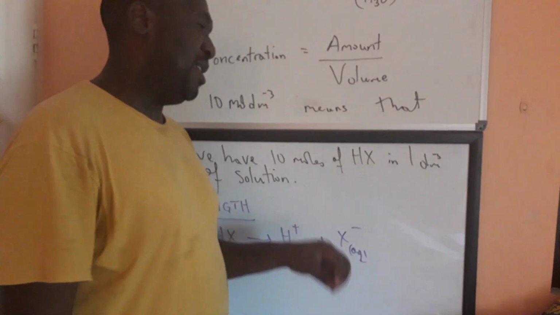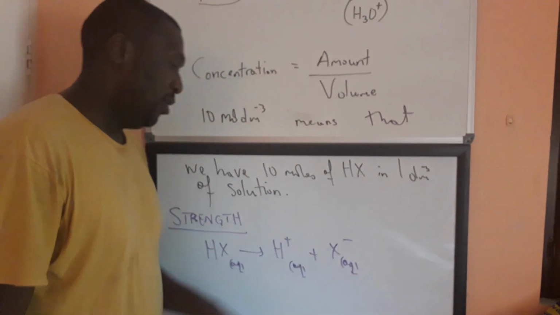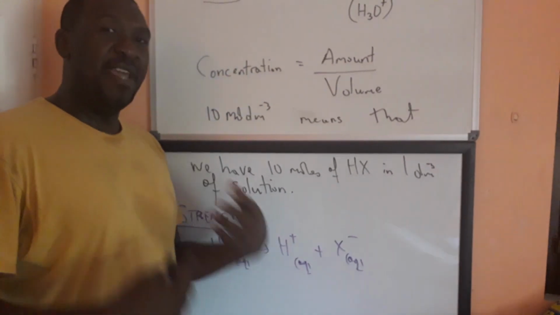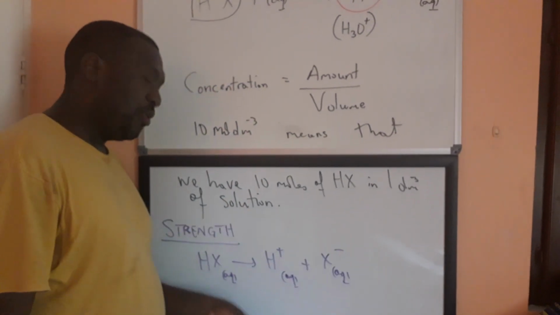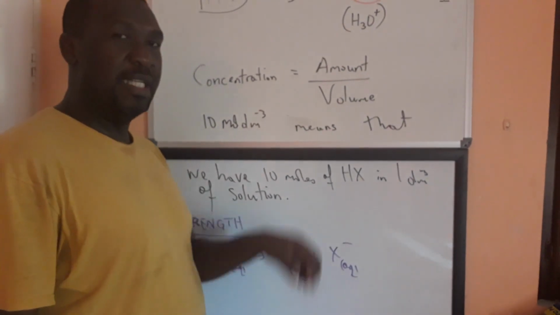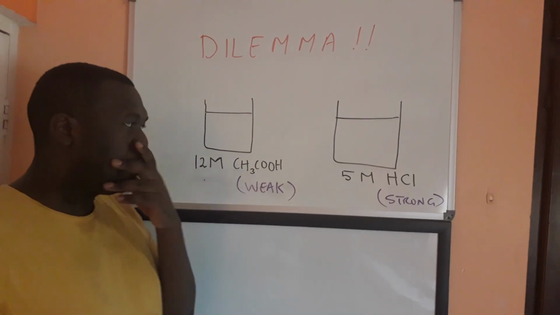That is what we mean by strength. Is the acid fully dissociated, partly dissociated, or only slightly dissociated? It varies with different acids. If you want to understand the strength of the acid, you have to understand the degree to which it is dissociated.